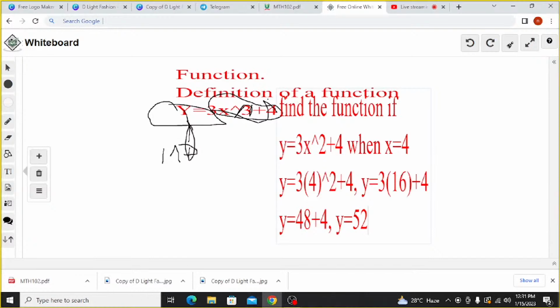So this is how to find the function notation. This type of answer we call the range. So this is our range. The value of y is 52. Our function is equal to 52. So that's how to find our function.